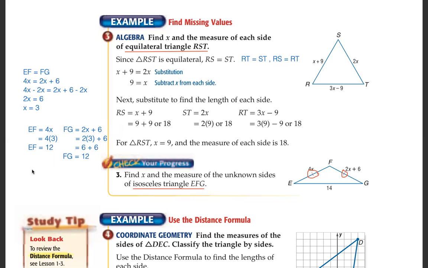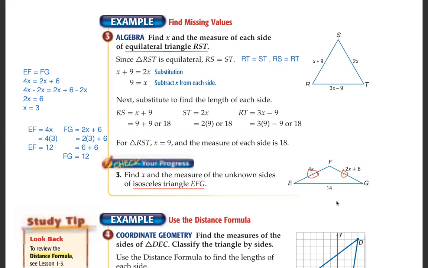These are very easy equations. We're just writing an equation by putting an equal sign between the expressions that are given. All we need to do is be careful about which sides are equal.